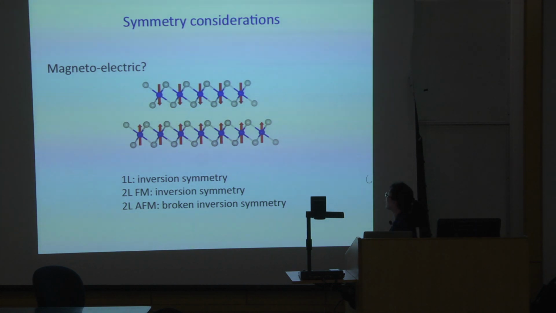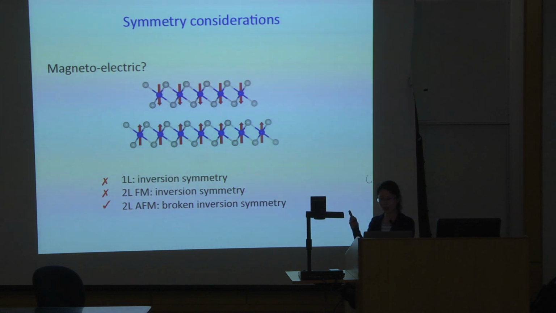But if you look at antiferromagnetic states, this has broken inversion symmetry if you take the spins into account. So based on this symmetry, we expect no linear magnetoelectric effect in the monolayer, nor in 2 layers of ferromagnetically coupled bilayers, but in the antiferromagnetically coupled bilayers, we do expect to see a magnetoelectric effect.